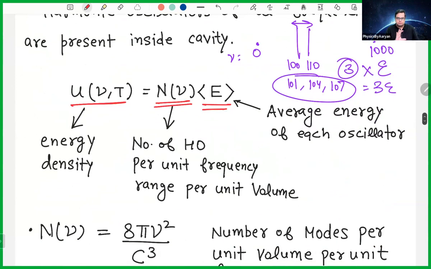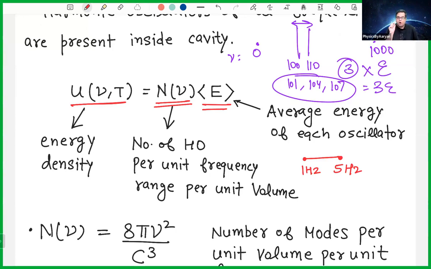If someone asks you how much is the energy between 1 hertz frequency and 5 hertz frequency, how much energy is being emitted in this range? If the body is emitting a total of 100 energy, how much energy is being emitted by the frequencies between 1 and 5? Then you will ask 2 things.